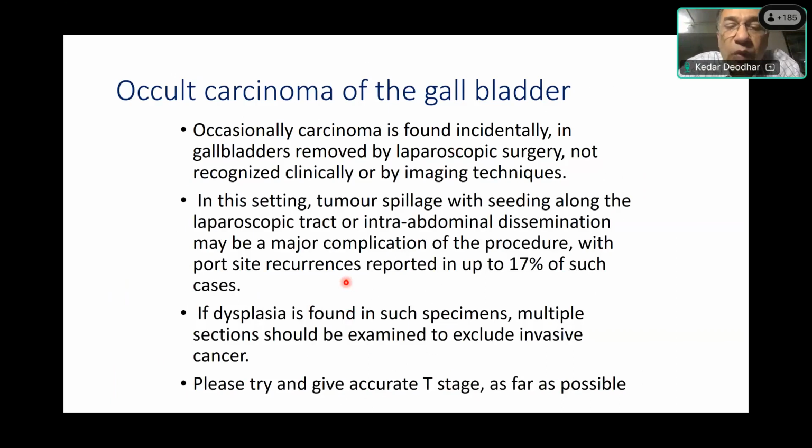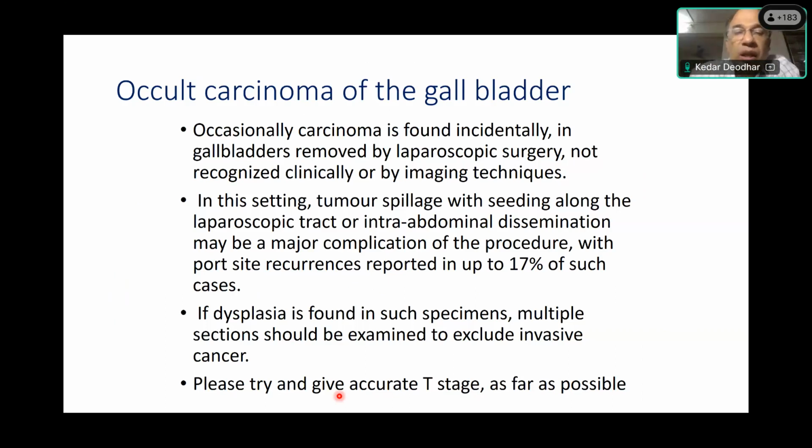Look for the staging of the tumor, and as far as possible try to give whether it is PT1A, PT1B, PT2, PT2A. Often we see the tumor extends beyond the muscle coat. We cannot say it is PT2A or PT2B because that depends on the serosal aspect. But at least PT2A is the term I use if the tumor extends beyond the muscle coat of the gallbladder.